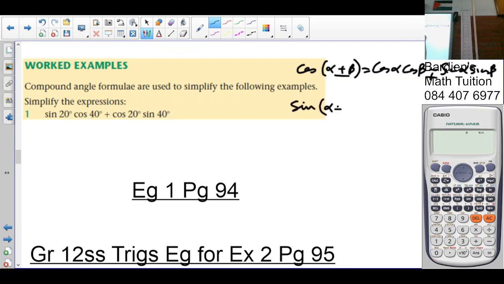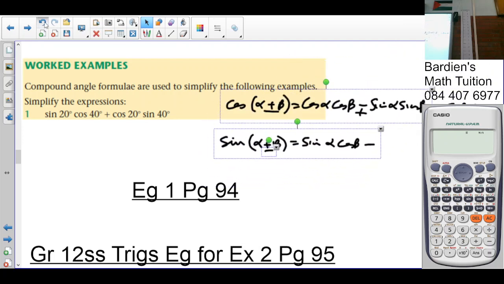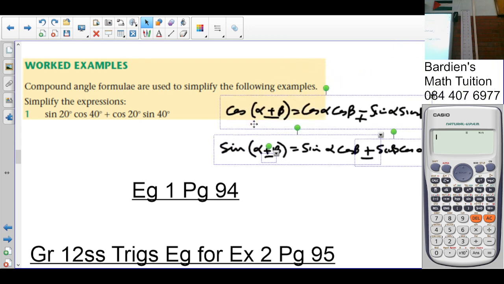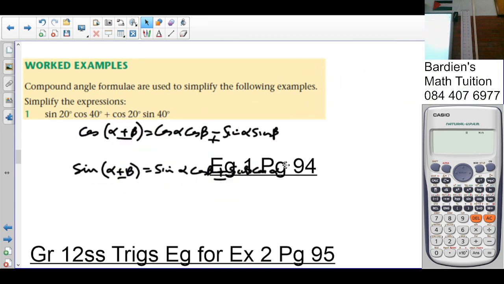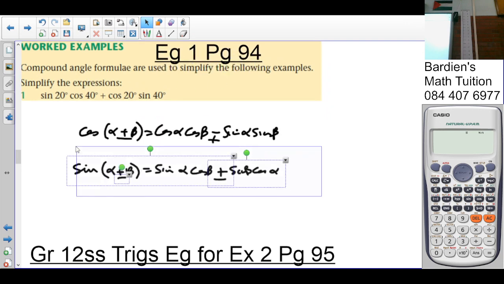We know that sine alpha plus beta is equal to sine alpha cos beta plus cos alpha sine beta, and if that is minus, that is minus. So that is what you should be exposed to from the previous lesson.